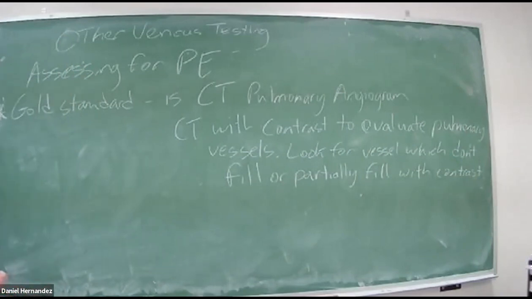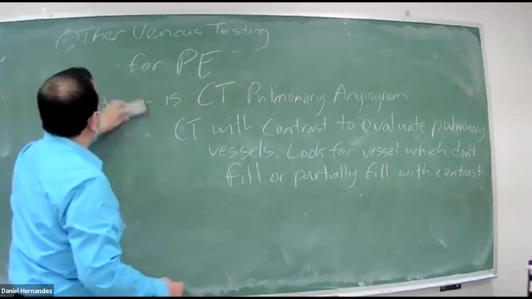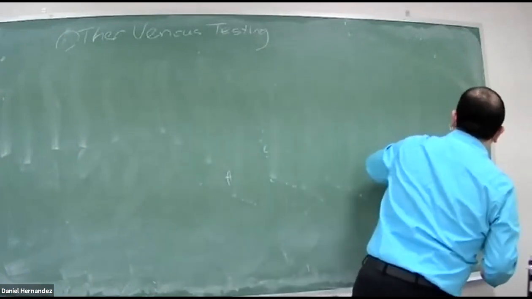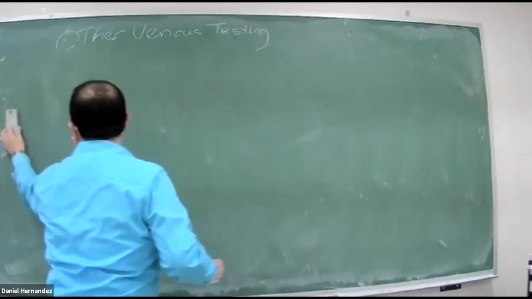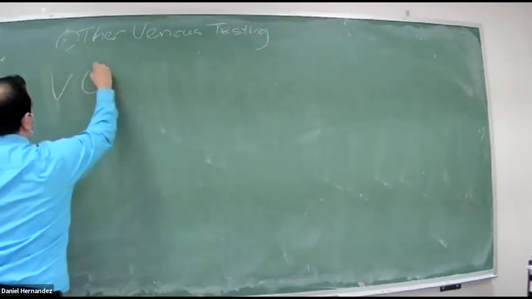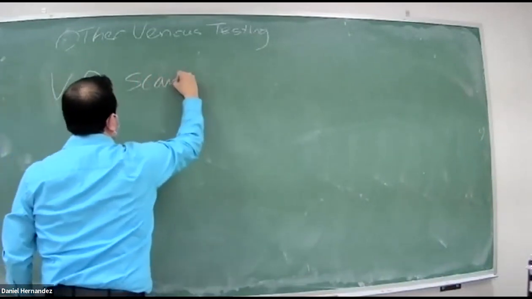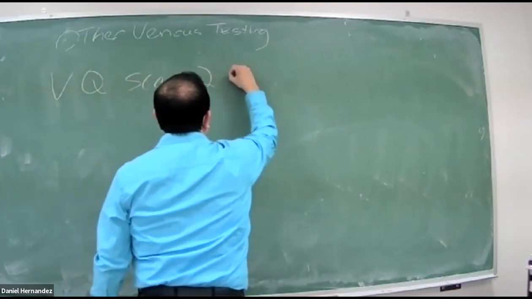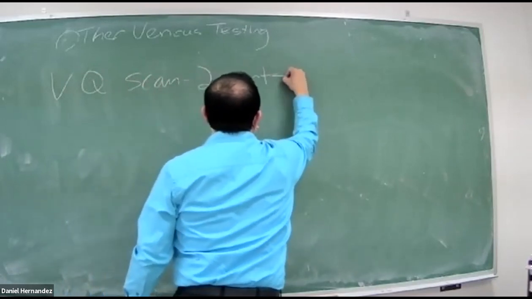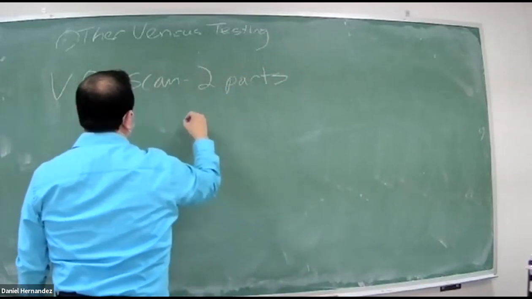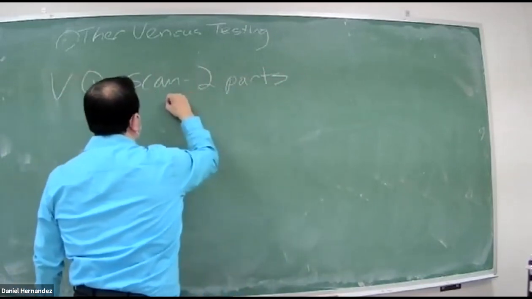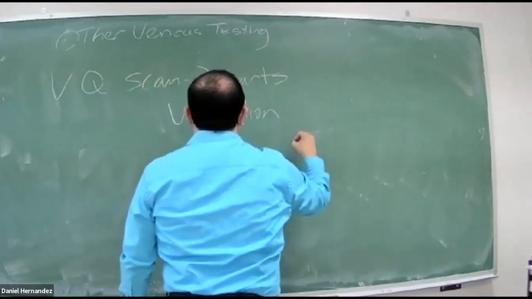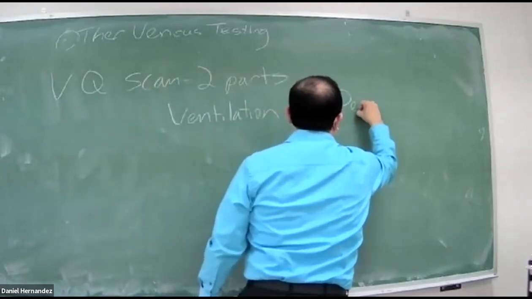The other test we have is a VQ scan, which is a nuclear medicine scan. So this contains two parts. You have a ventilation and perfusion.